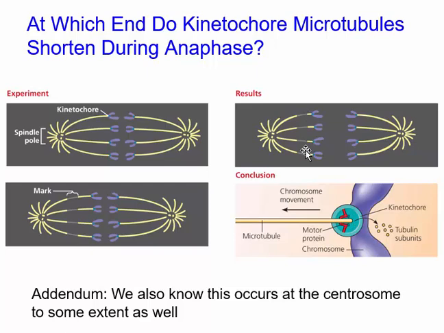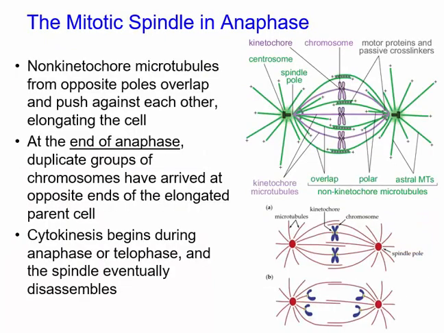Now, this is a very cool experiment, and we know a little bit more. There's an added nuance here. Although most of that shortening is occurring right here on this end at where it's attached to the chromosome, the microtubules do also shorten to some extent out at the centrosome. All right, so there's a few other things going on here with the mitotic spindle at anaphase.